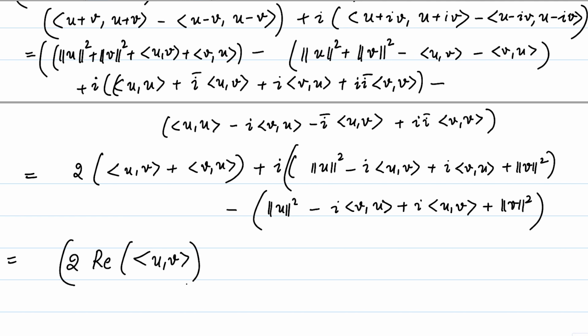And there is a 2 outside, so 2 times 2 of this. It's good. And how about this? This is i times, the situation is quite similar. This is just going to be equal to 2 times, maybe I can take i also out, and there will be an inner product of v comma u minus u comma v.